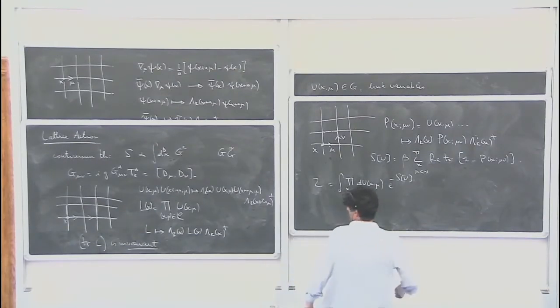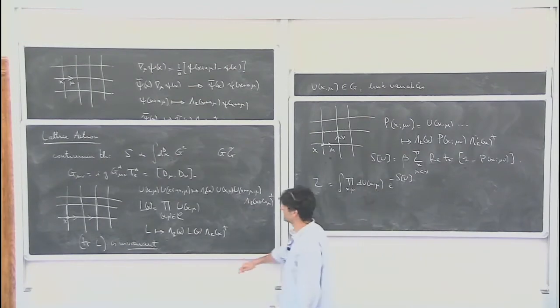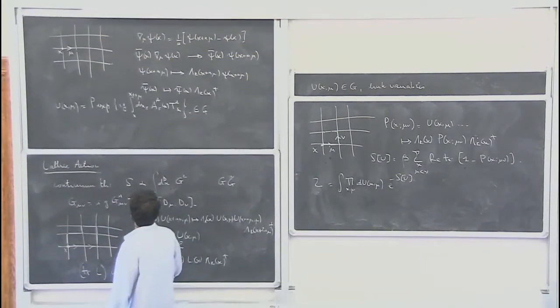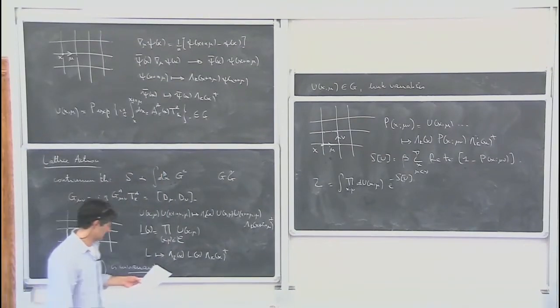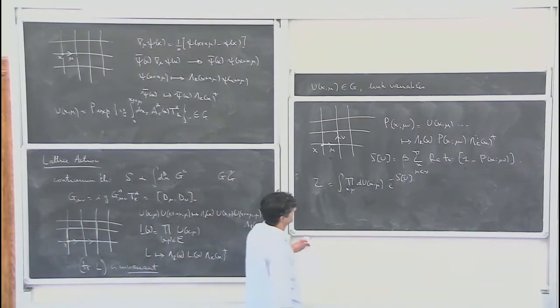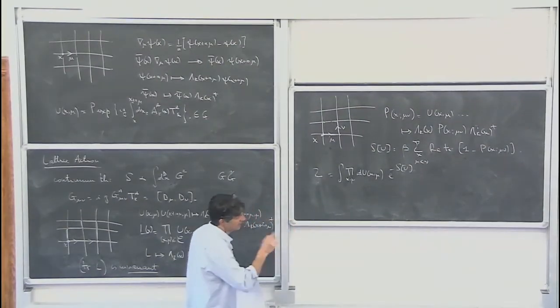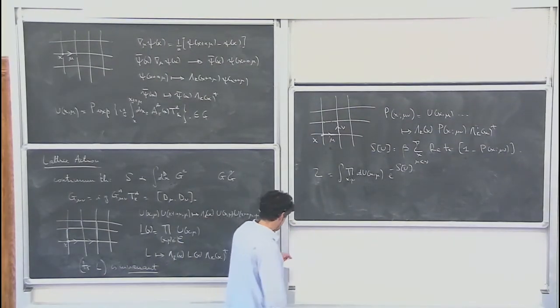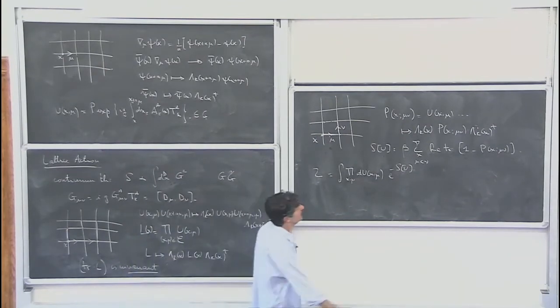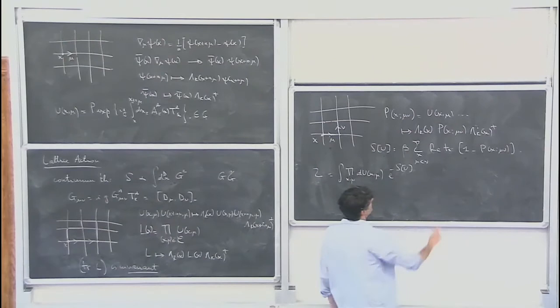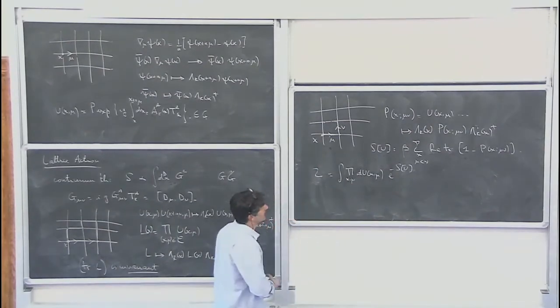Using this sort of representation for the gauge links, to connect the gauge links to the gauge potential, you can actually compute the naive continuum limit of this action.